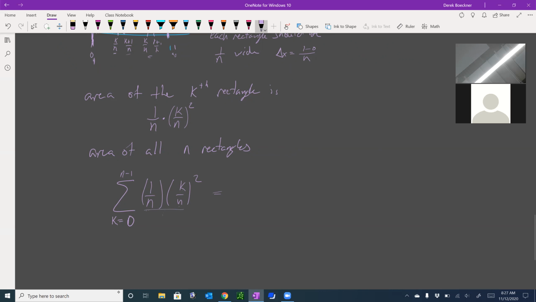So I can factor out this n and these two n's outside. So that's 1 over n cubed on the outside. And then I've got the sum from k equals 0 to n minus 1 of k squared. Good with that? Just a little algebra there.